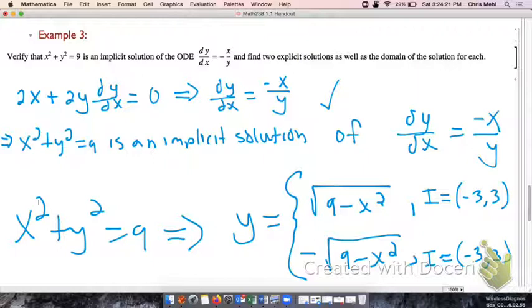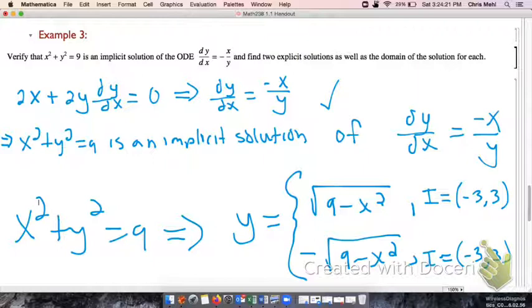That's not defined at 3 or negative 3. Okay, so the intervals of solution are the open intervals because the derivatives need to be defined and continuous on those intervals. Okay, so that was just the solution curve as a piecewise.